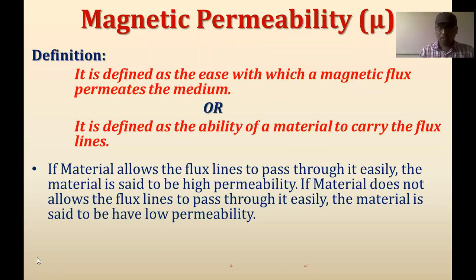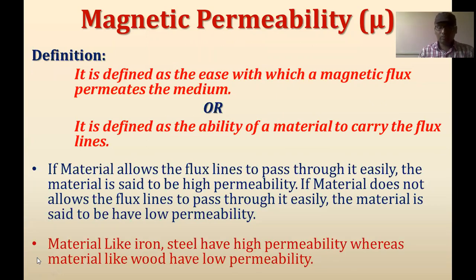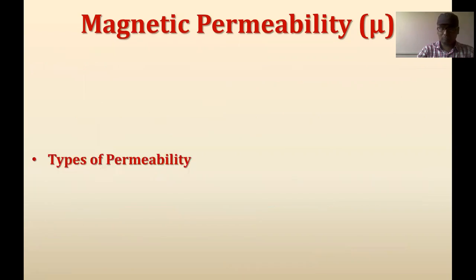Materials like iron and steel have high permeability, whereas materials like wood have low permeability. Means the wood will not allow the magnetic flux to pass through it easily. That's why wood has low permeability. This is the meaning of permeability.